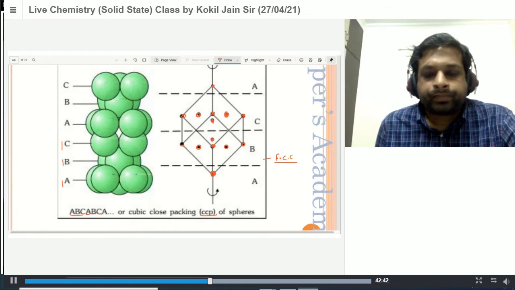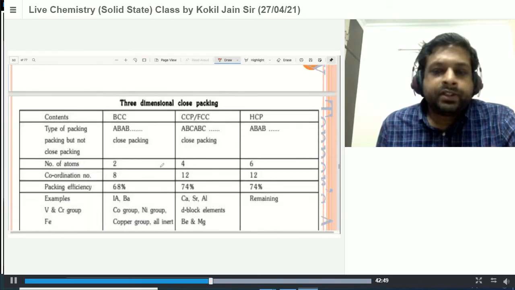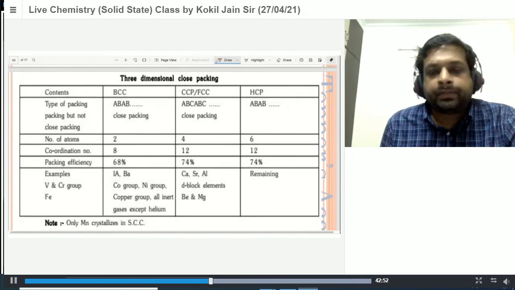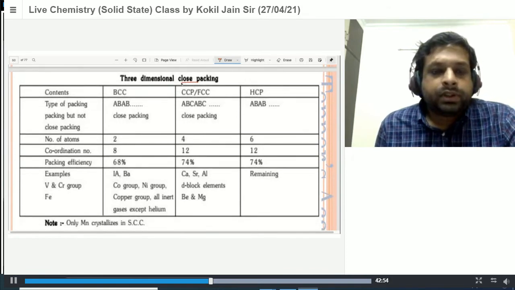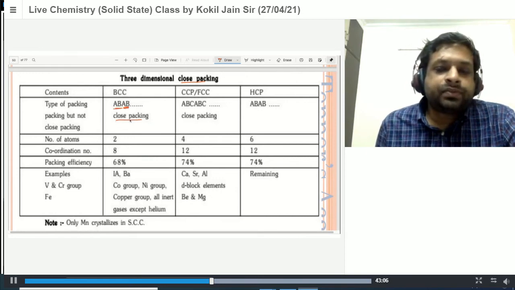Now see here what happens in three-dimensional close packing. There are two types of packing we saw. AB type of packing is the first one that you can easily visualize. This is the body centered cubic type of lattice.